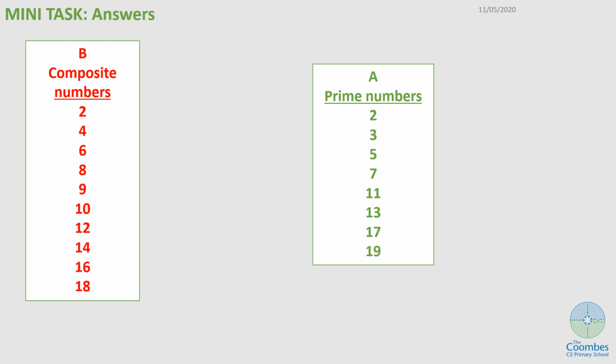So these are prime numbers. But my composite numbers below 20 are here. So let's see in the next slide how we can work out composite numbers.